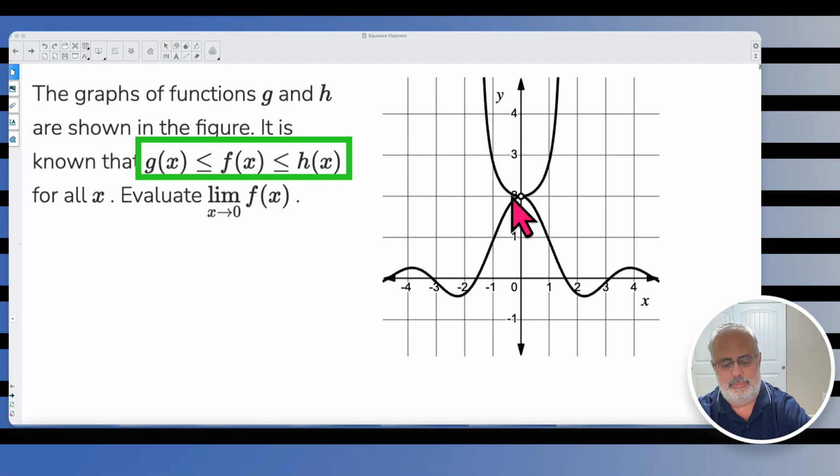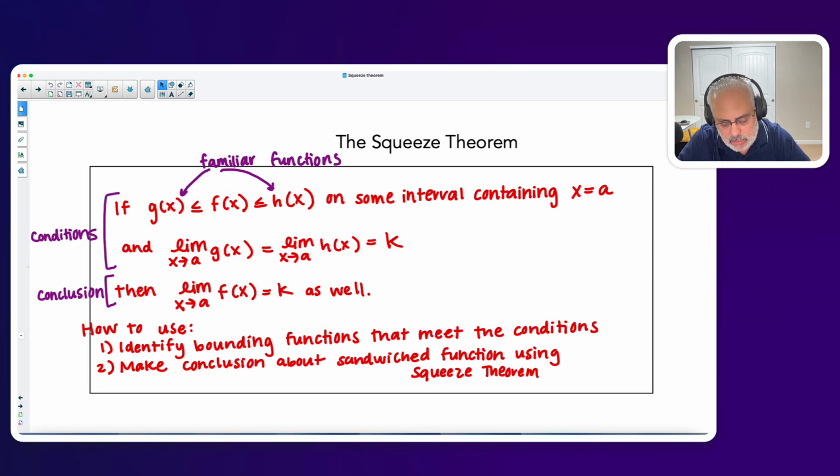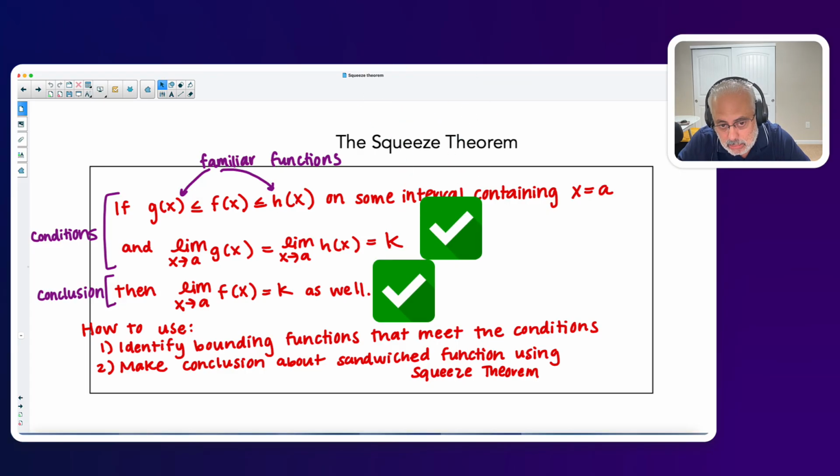What do you think? Here we have the formal definition of the theorem, the conditions and the conclusion. The conditions: if the function f of x is less than or equal to h of x and greater than or equal to g of x on some interval containing x equal a, this is the point at which we are going to find the limit, and the limit of g of x and the limit of h of x when x approaches a is the same, L. The conclusion is as follows.